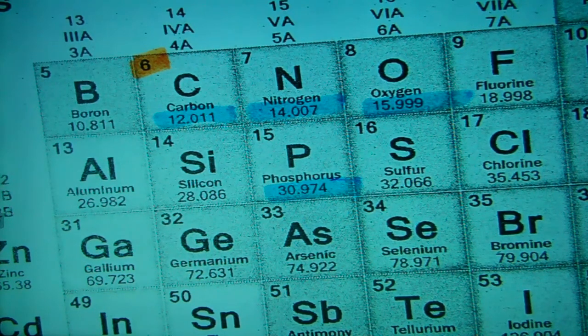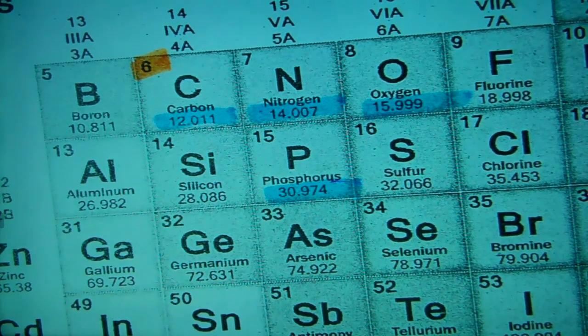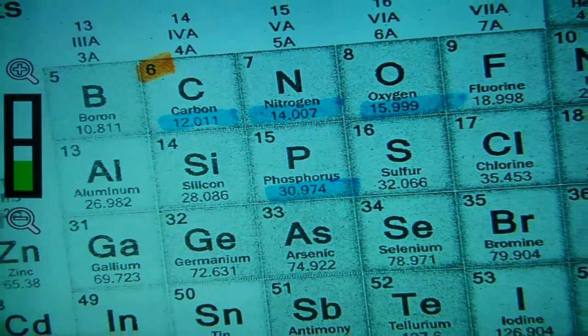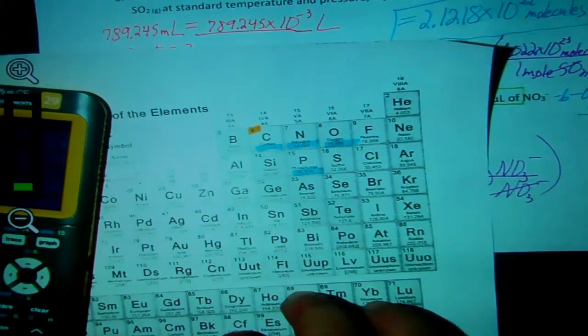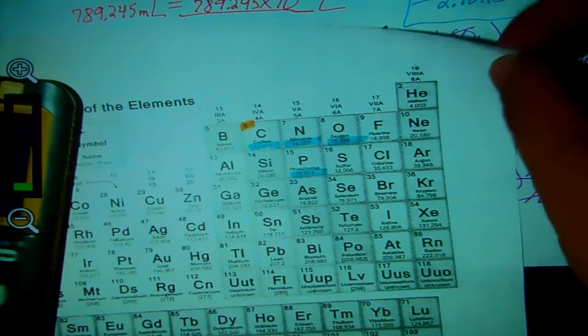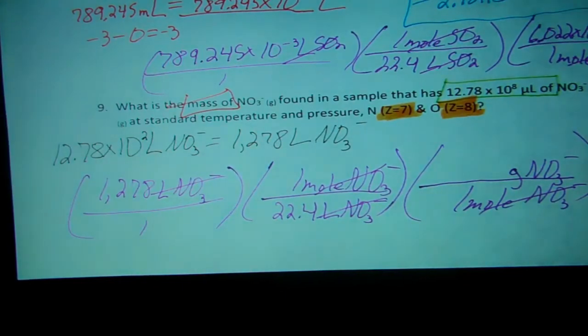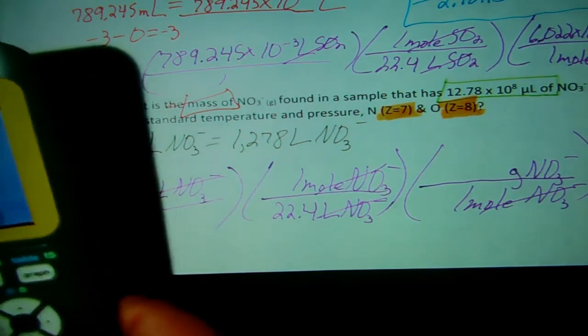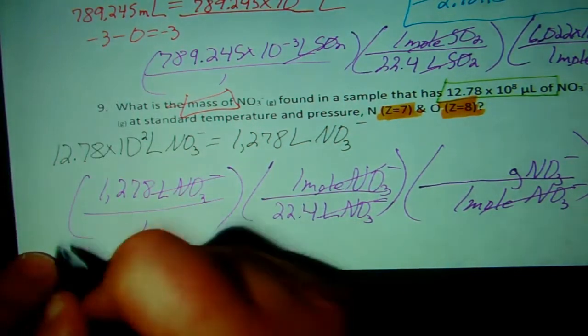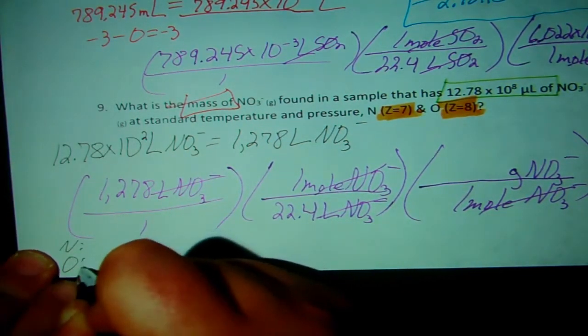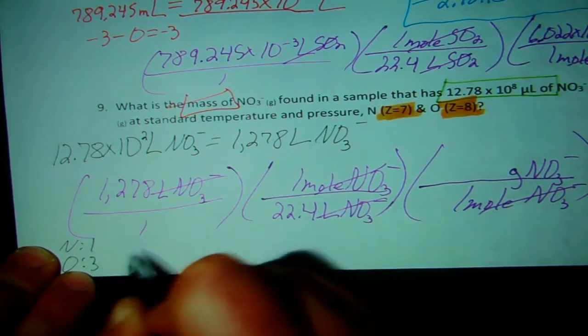So hopefully you're seeing that at this point. And what you're going to do in this is you're going to remember you're just dealing with nitrate. Okay, so you see where I'm getting these numbers from. Hopefully you're following me there. So in this case, you're going to take nitrogen and oxygen. You have 1 nitrogen, 3 oxygens.